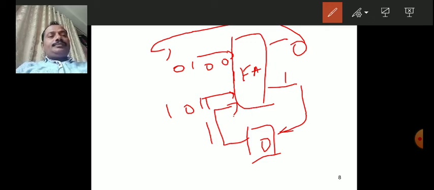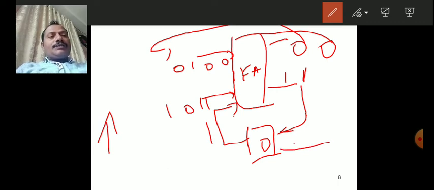The sum bit comes to the MSB position of X for the next pulse, and this carry bit comes here, and these bits are rotated. Once the clock pulse comes, this bit is shifted like this.